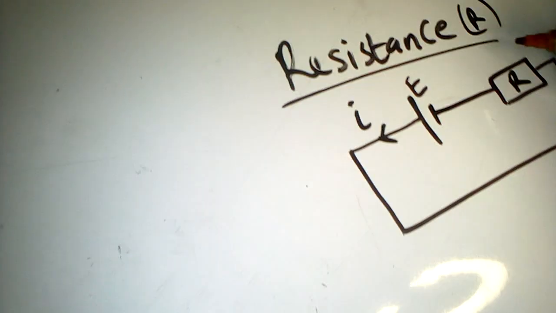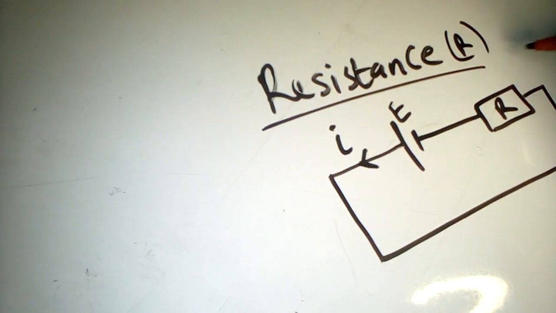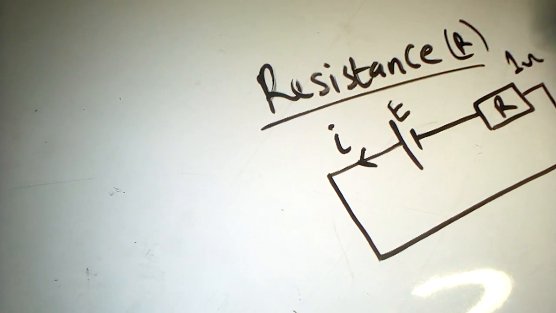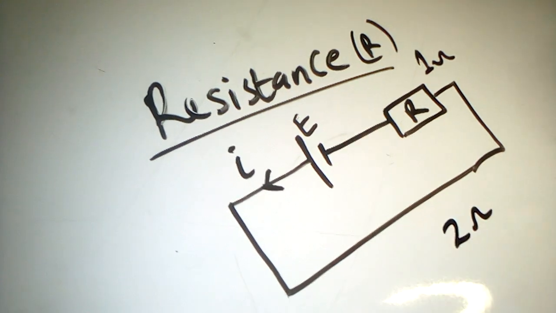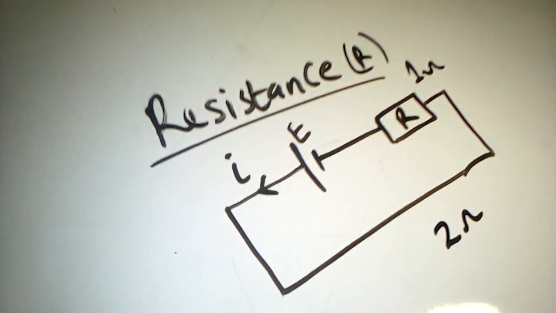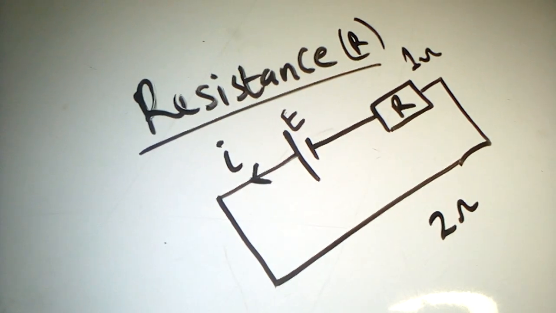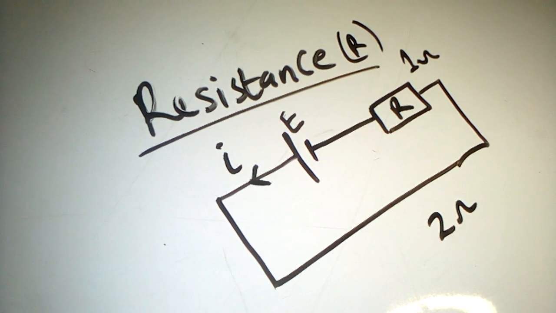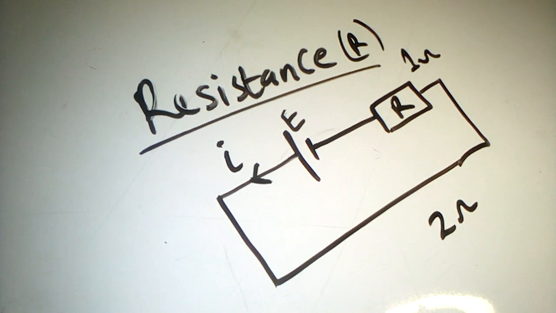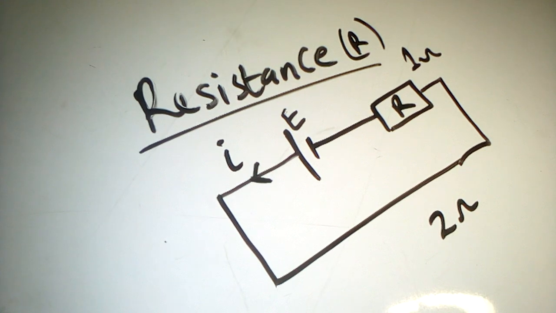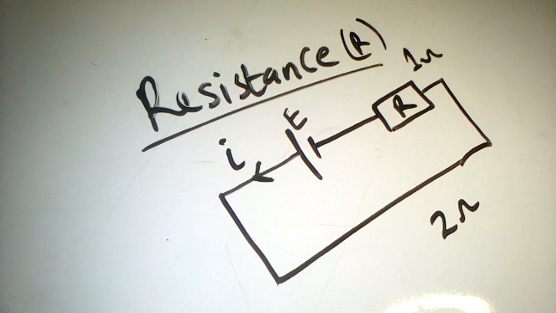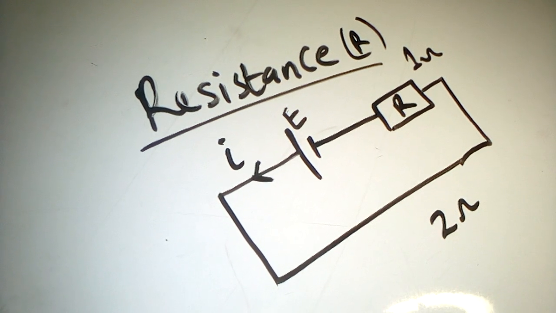Take for instance, the values of resistance are measured in ohms, so you can have values ranging from 1 ohm, 2 ohms, and so on. If in a circuit I needed 1 ohm but it is not available in my laboratory, and I only have 2 ohms, all I have to do is connect two of them in a certain arrangement so that they will give me 1 ohm.